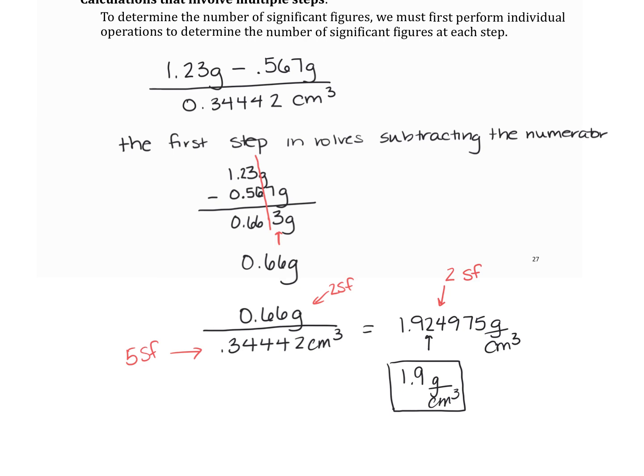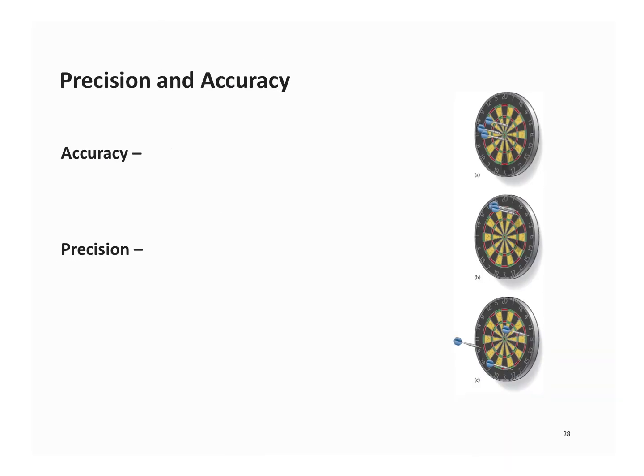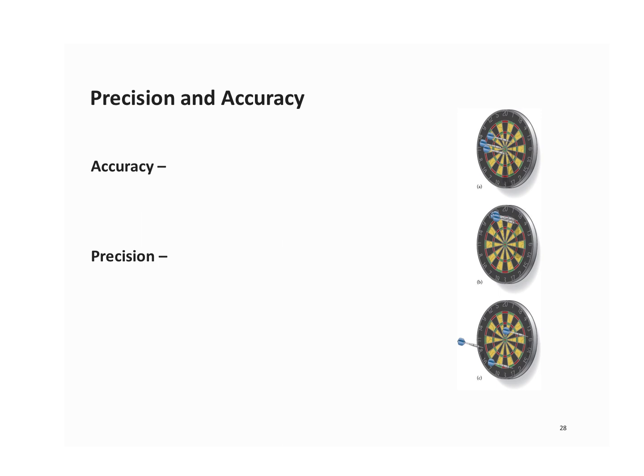Now, as I've mentioned before, significant figures provide information about the precision associated with a given measurement. And when we talk about precision, that's just the agreement between repeated measures. It's like if you're playing darts, right?